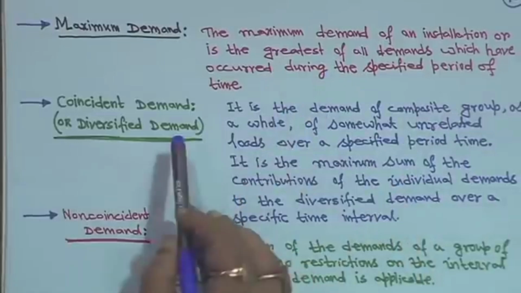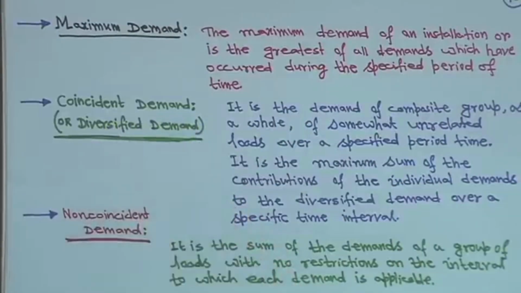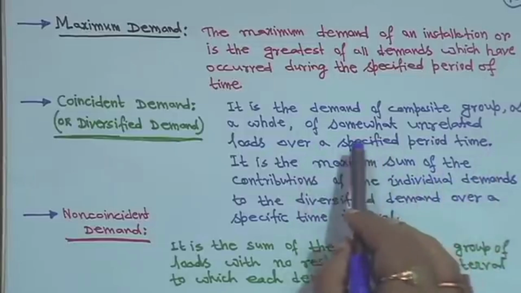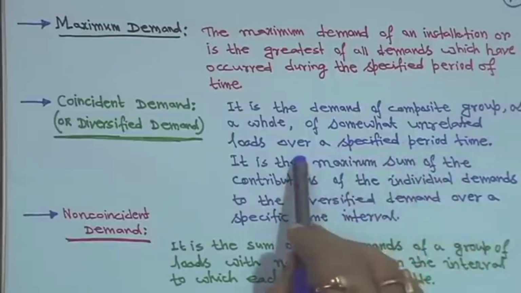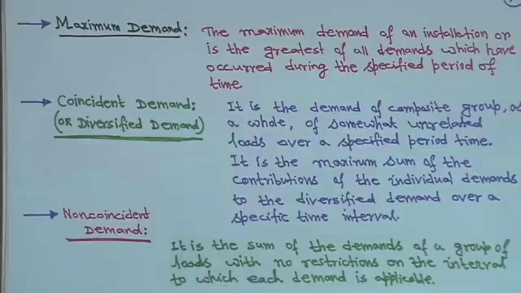Then another terminology they use is coincident demand, or diversified demand. It is the demand of the composite group as a whole, of somewhat unrelated loads over a specified period of time. You have different groups, not only a single load: industrial, commercial, agriculture, domestic.